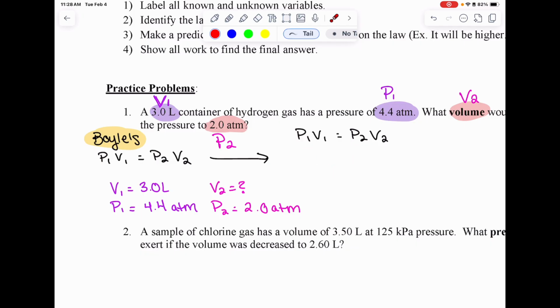Now, P2 and V2 are multiplied by each other, and the opposite of multiplying is dividing. So I have to divide, and whatever you do to one side, you have to do to both sides. I have to divide both sides by P2. And so our final equation for V2 is going to be P1 V1 all over P2.